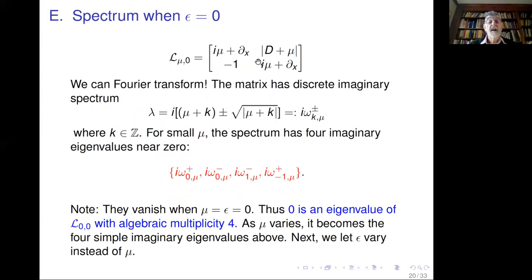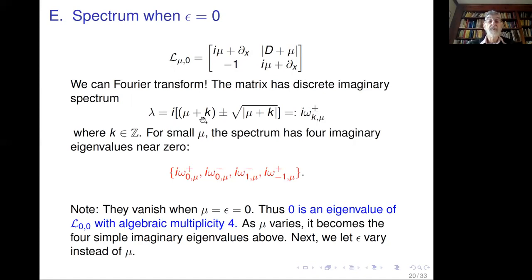Now when epsilon is 0, it's a constant coefficient operator of period 2 pi, the way we set it up. So you can just Fourier transform. You have the Fourier series of everything, and you can write down exactly what the spectrum is.